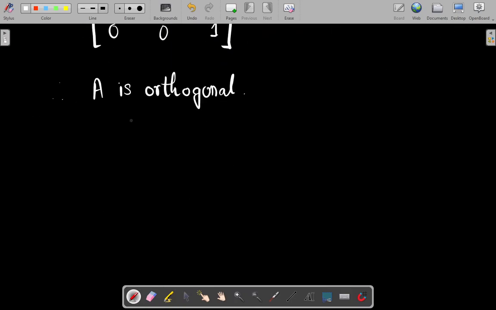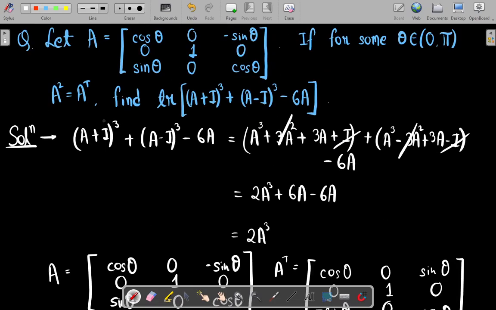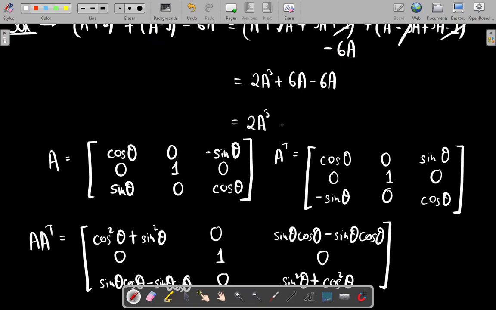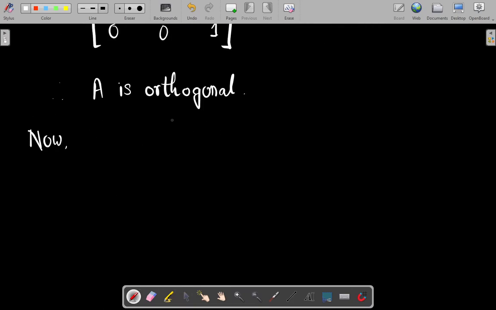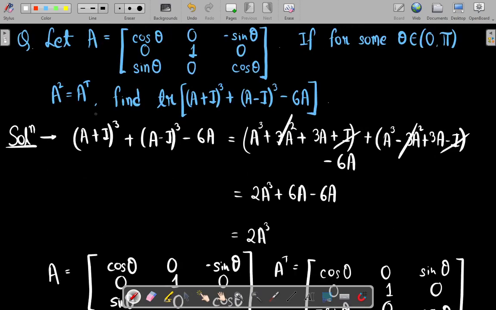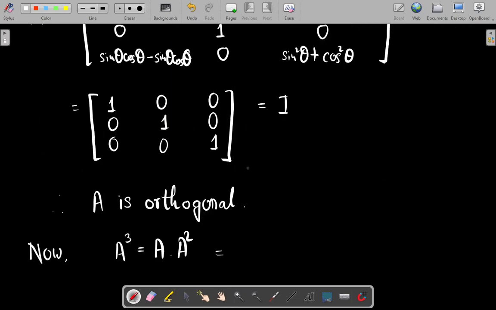Now we have to find the trace of this matrix, which is nothing but 2A cube. So let me try to find A cube. A cube is nothing but A times A square, and we are given that A square equals A transpose.